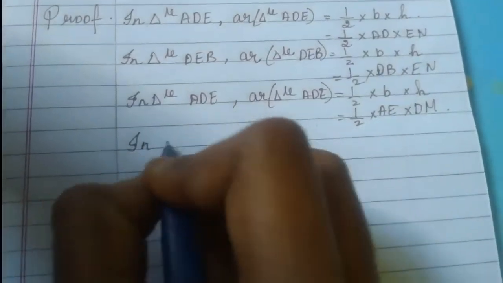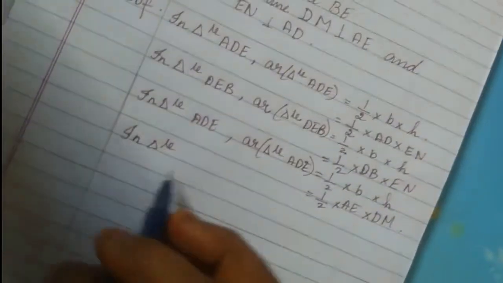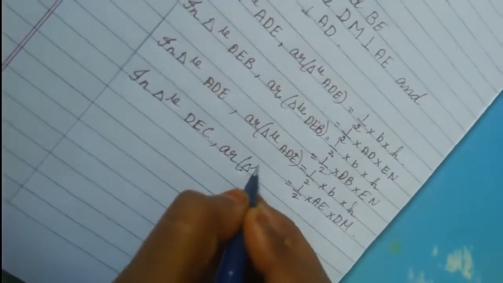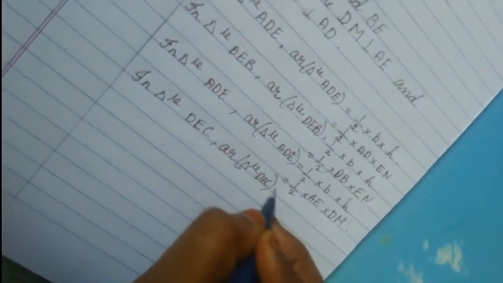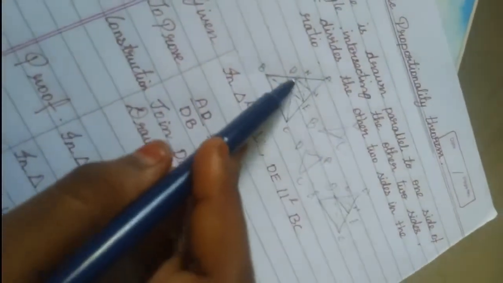So the next one, last triangle, DEC. Area of triangle DEC is what? Half into base into height. First we shall write the formula. The next what we are going to see is half into base of this triangle is the same manner.